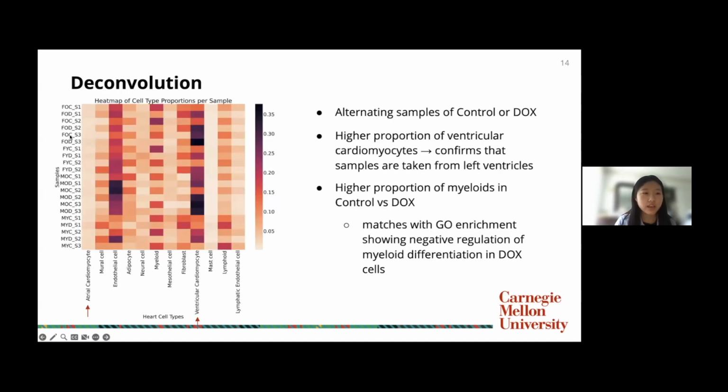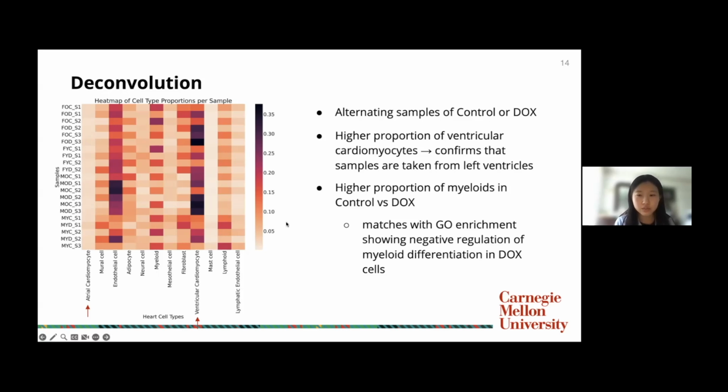Here we plotted a heat map of our deconvoluted cell types, with cell types on the x-axis and samples on the y-axis, with alternating samples of control and dox. From our deconvolution, we saw a higher proportion of ventricular cardiomyocytes, shown with the deeper redder colors, compared to the atrial cardiomyocytes, which confirmed that samples were taken from the left ventricles.